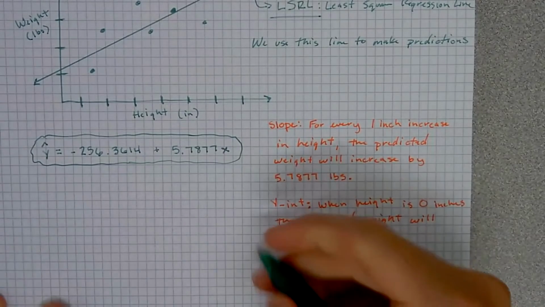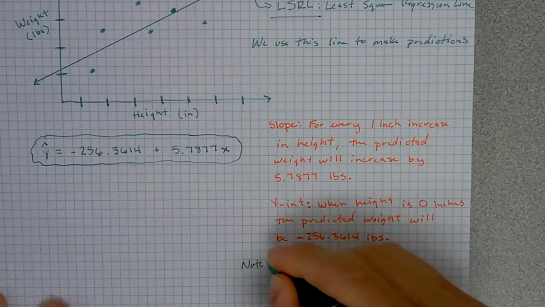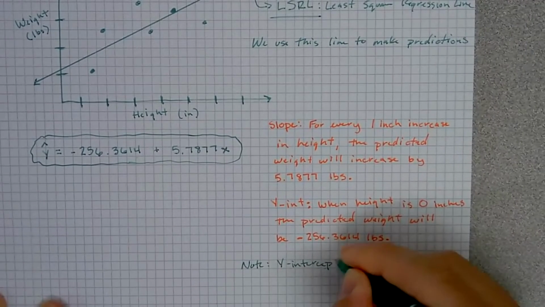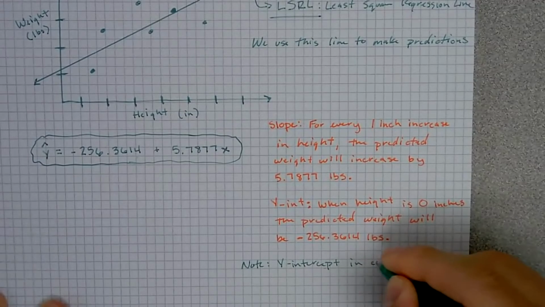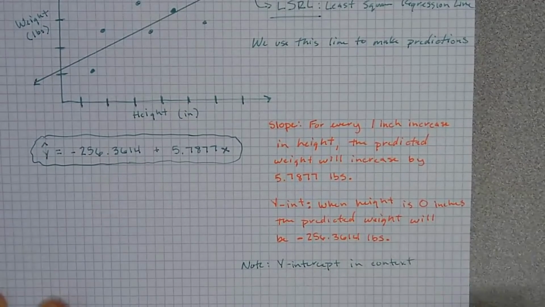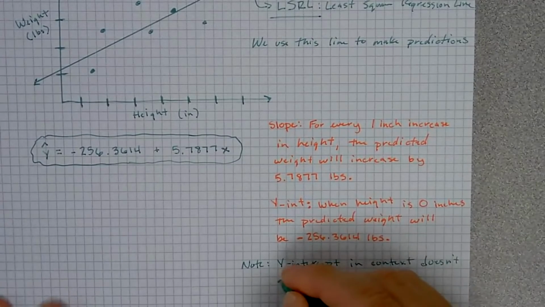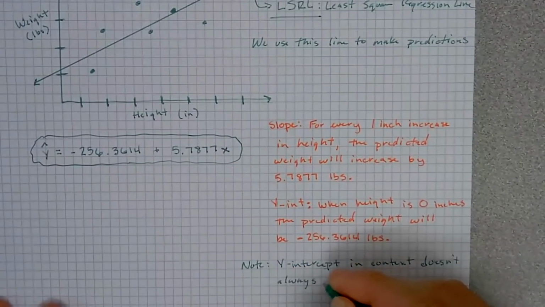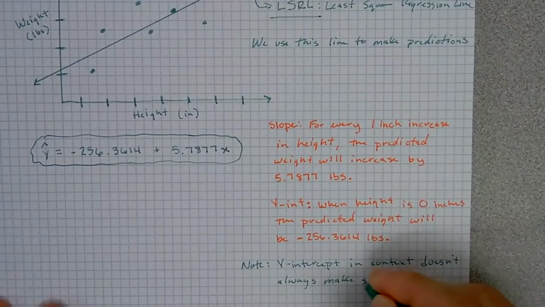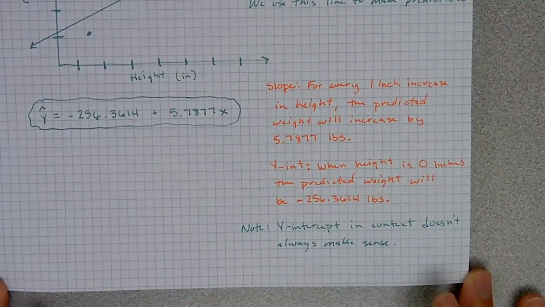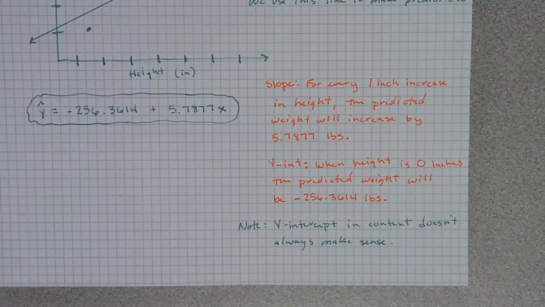All right, so notice the y-intercept in context. It doesn't always make sense, and that's fine, because the y-intercept in context is stating that if somebody was 0 inches tall, they weighed negative 256 pounds.